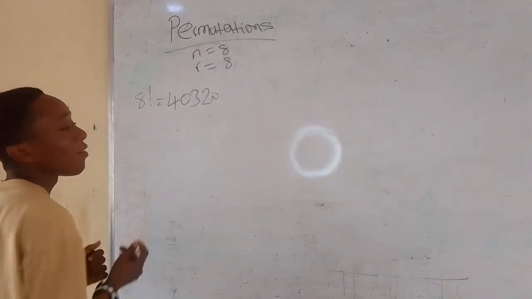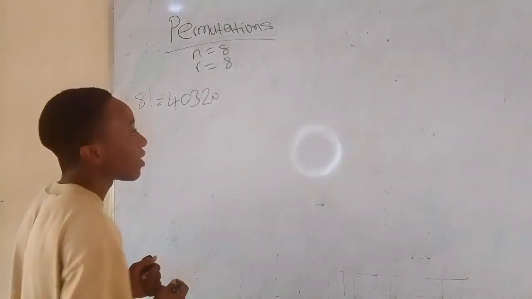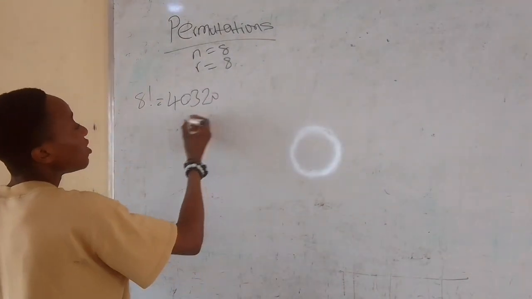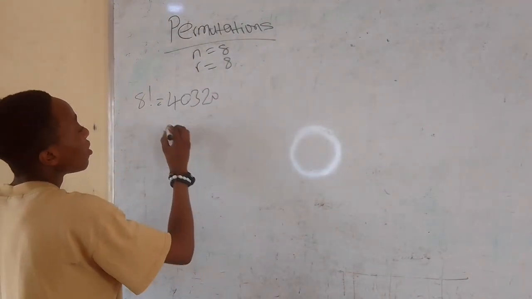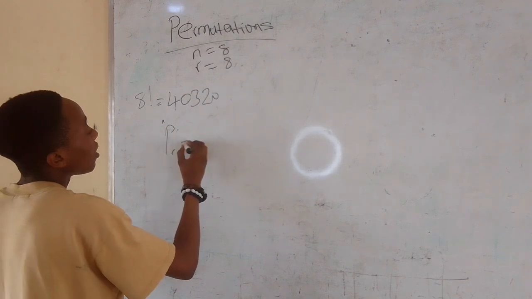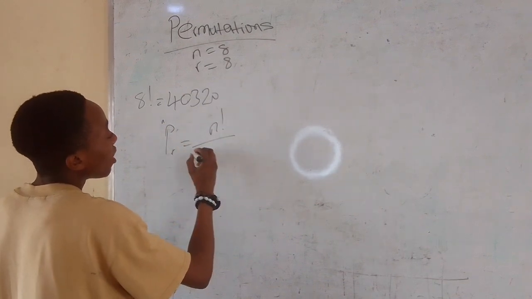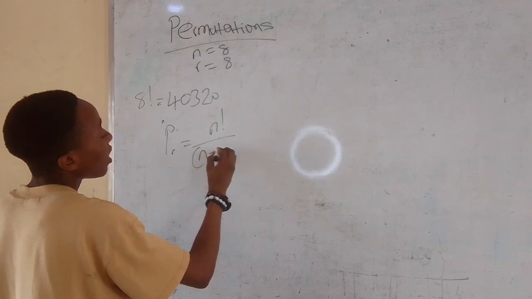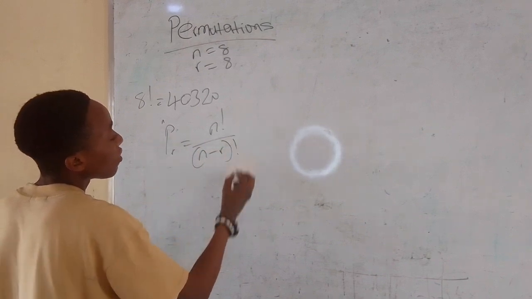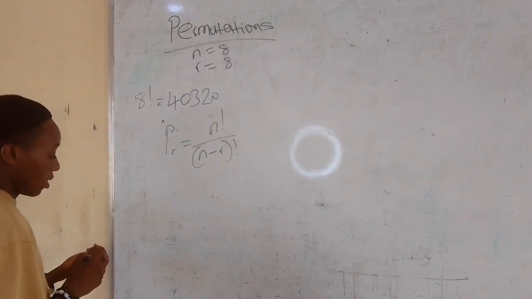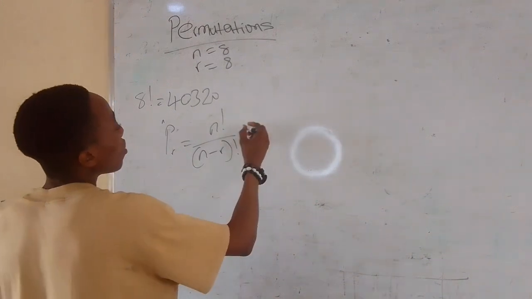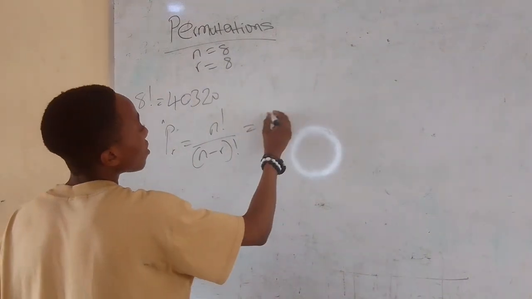Now let's use our formula to see if we arrive at the same answer. Our formula for permutation is nPr equals n factorial all over (n minus r) factorial. Now our n is equal to 8.